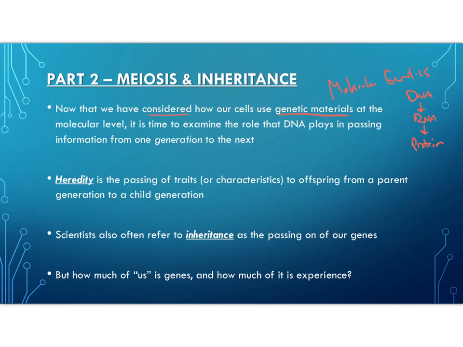And we've already started talking a little bit about inheritance, or heredity, which is the passing on of traits from parent to offspring. But first, before we go any further into that whole inheritance piece, we want to ask this question of how much of us is actually genetic and how much of it is actually experience?